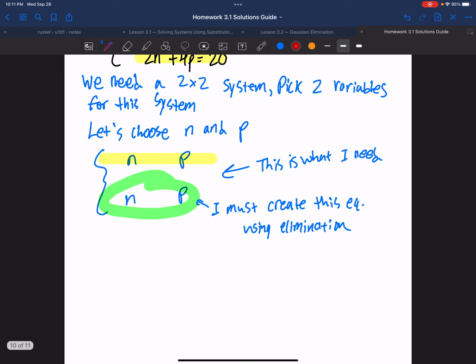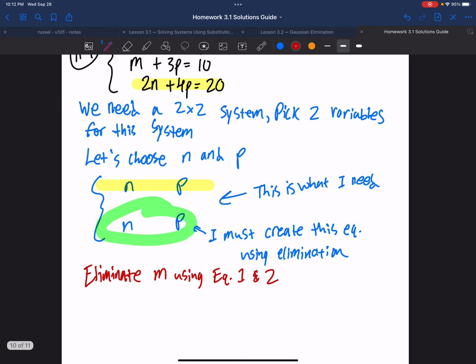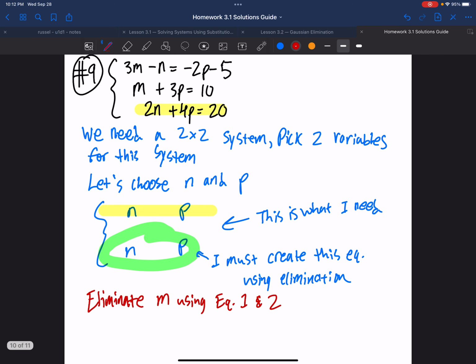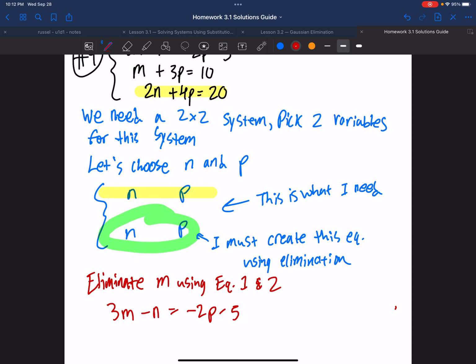So eliminate M using equations 1 and 2. So let's do that. 3m minus n equals negative 2p minus 5, and m plus 3p equals 10.